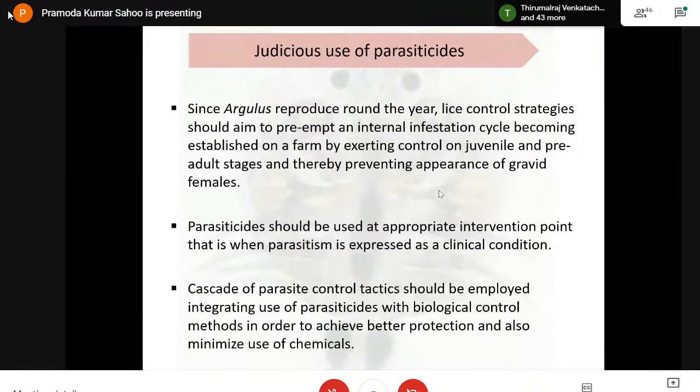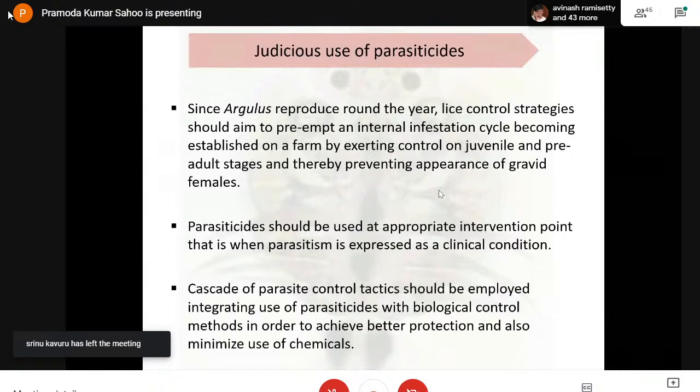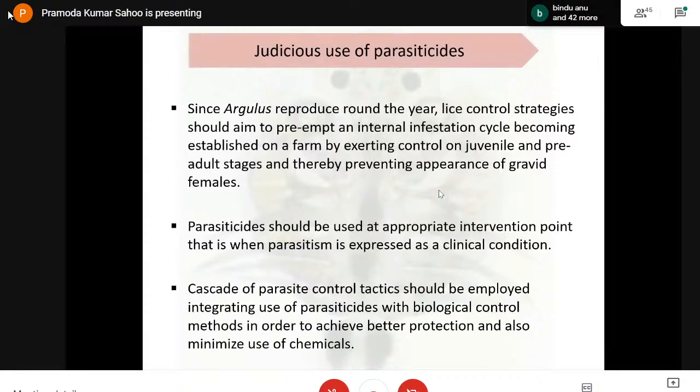So what I want to emphasize here is that most of the time we are empirically using some drug continuously in a culture system. Like people are using cypermethrin or deltamethrin or ivermectin group of drugs continuously in a culture system. These parasites, like any other parasites, or like your malarial parasite in human beings, are developing drug resistance.